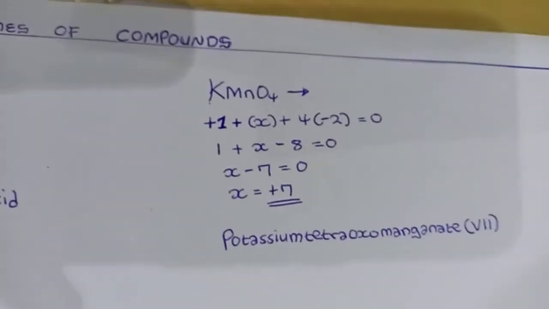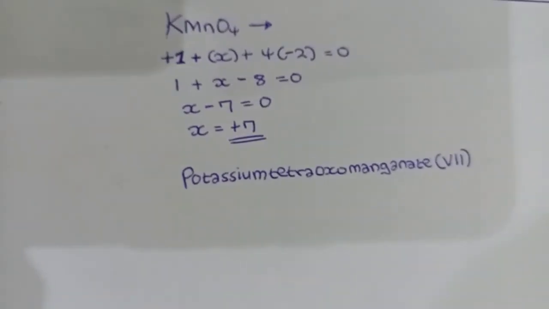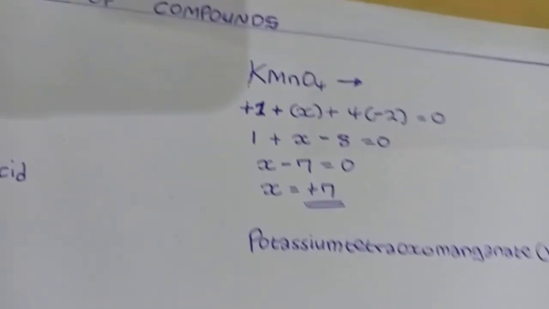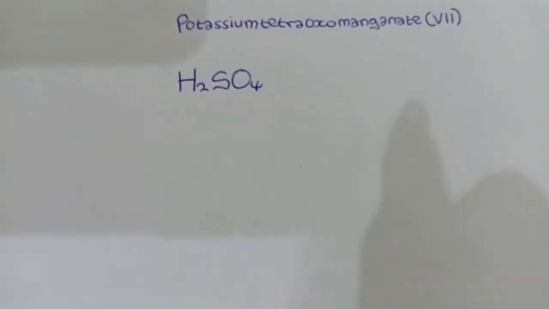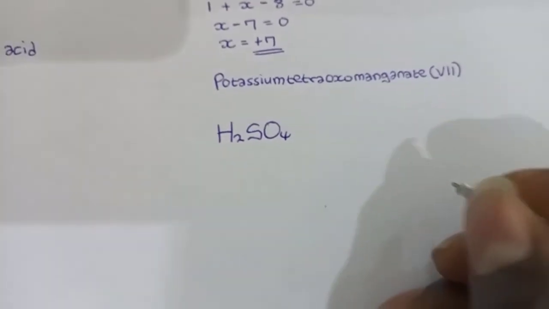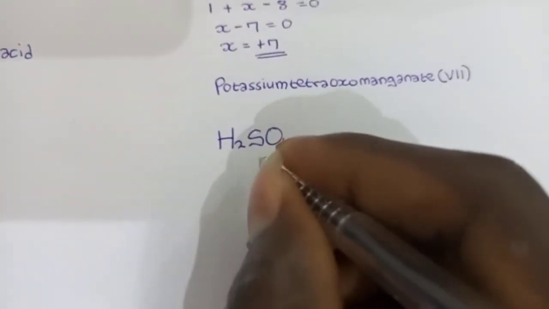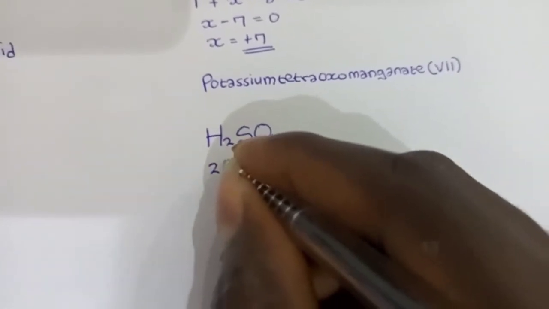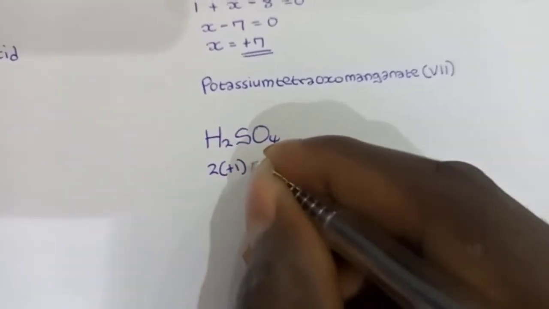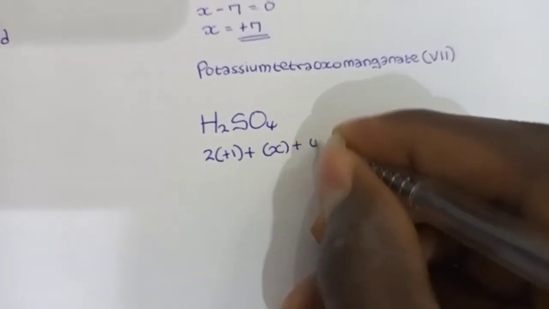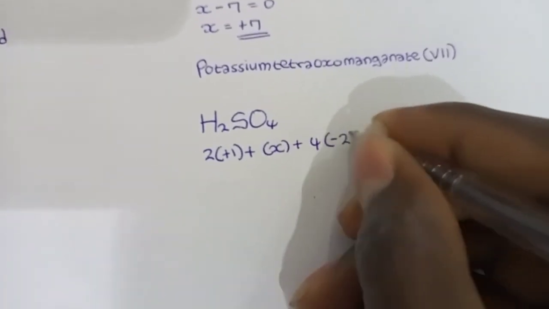Let's get straight to the last example before we call this video to an end. The last example is a popular acid that we all know, sulfuric acid. Let's get straight to it immediately. We first of all get the oxidation number of sulfur. So 2 plus x plus 4 times minus 2 equals 0.